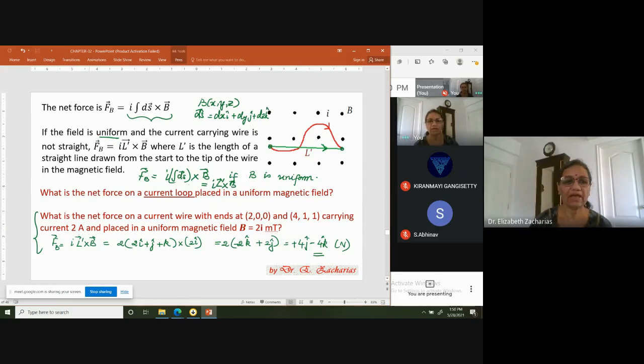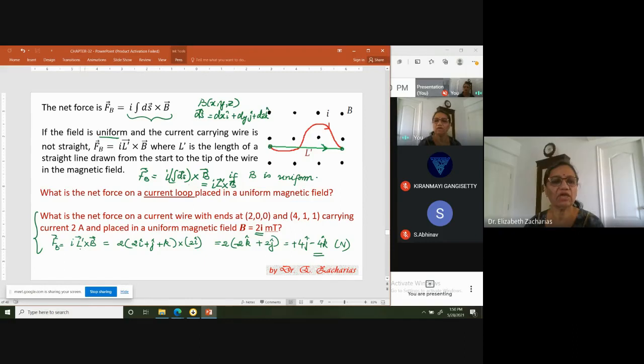It starts at (2,0,0) and ends at (4,1,1), placed in a uniform magnetic field along the i cap direction. So how will you do this? You have to use the equation F_B is equal to I L prime cross B.